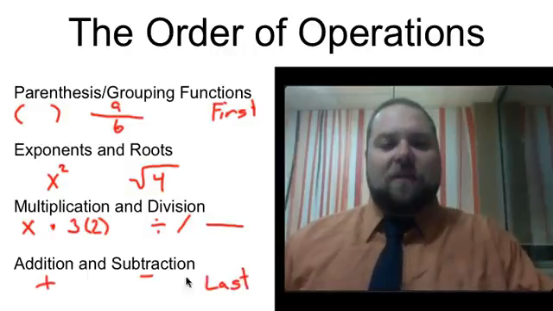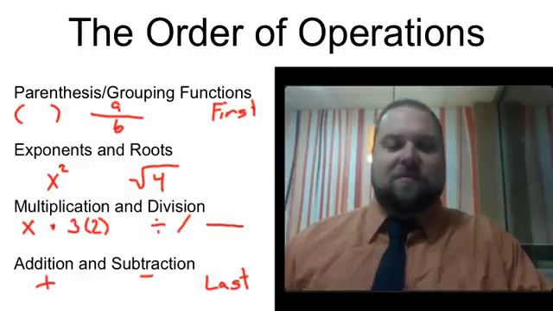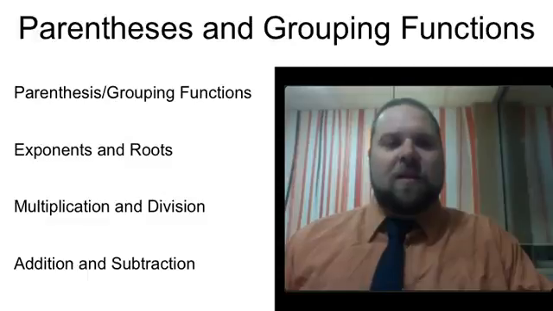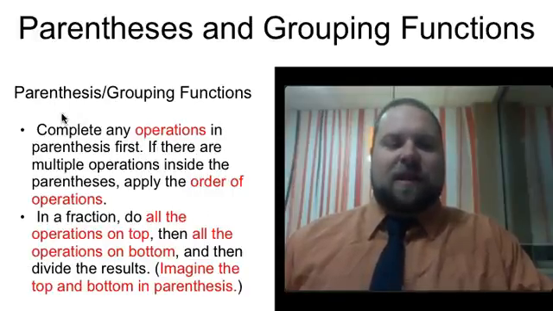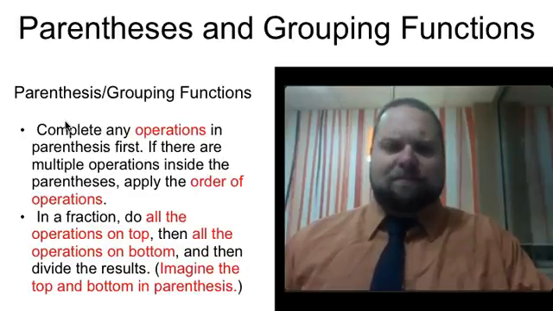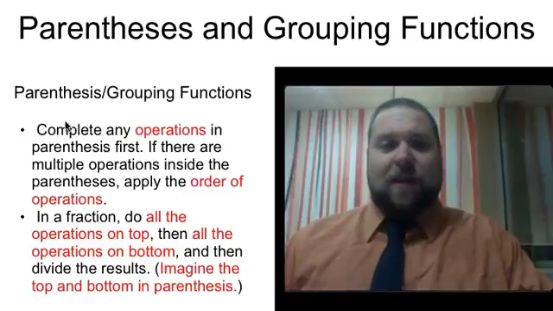So knowing this, we now know what order we can go in when evaluating these functions. And remember, evaluating just means finding the number they're equal to. So, again, keep this in mind. Let's jump through and now talk about each one of these individually and look at some examples of each in practice.